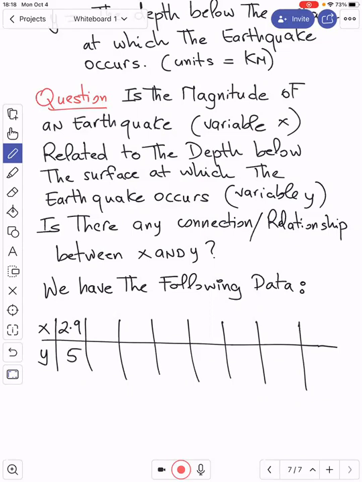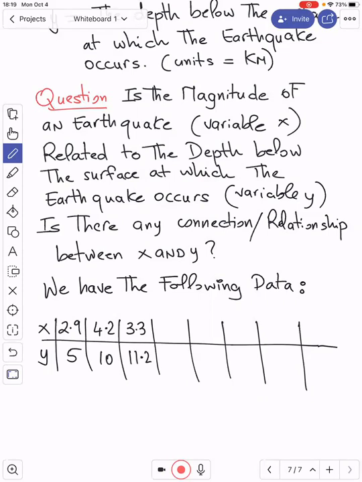If the magnitude is 4.2, then the depth is gonna be 10 kilometers. Then in the third column, I have 3.3, and the depth Y is going to be 11.2.